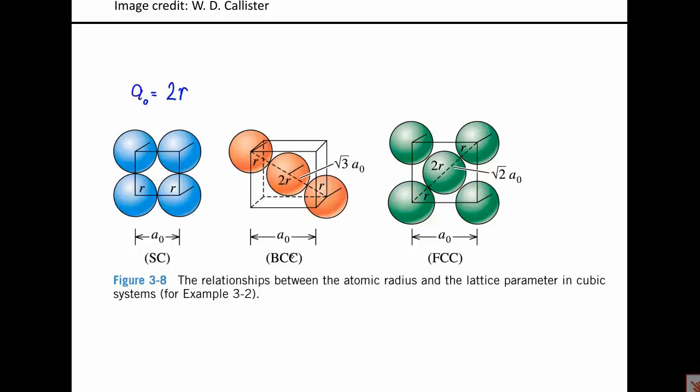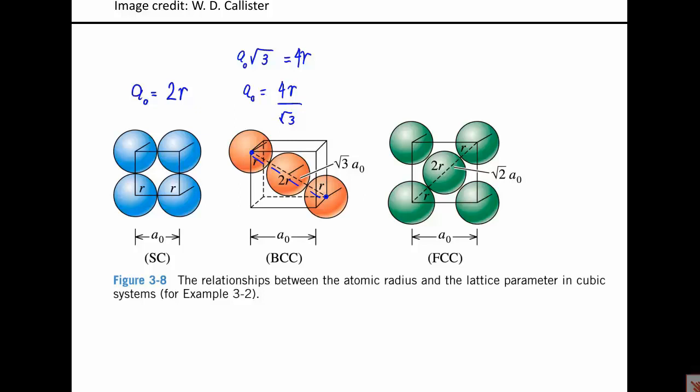In body-centered cubic, we know that the atoms touch from one corner of the cube to the opposite corner. Using Pythagoras, the length of that diagonal is A0 root 3. And A0 root 3 constitutes 1, 2, 3, 4 atomic radii. So we can see now that A0 must equal 4R over root 3.